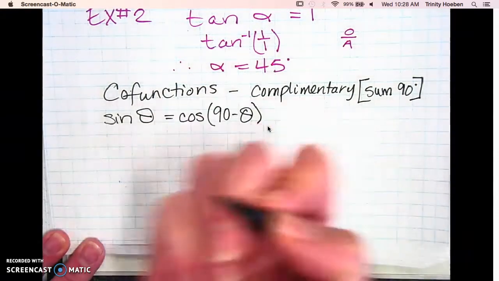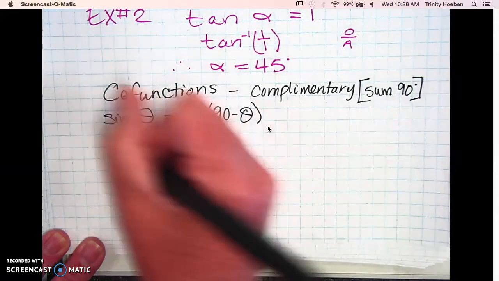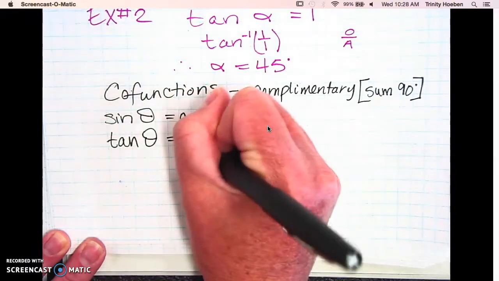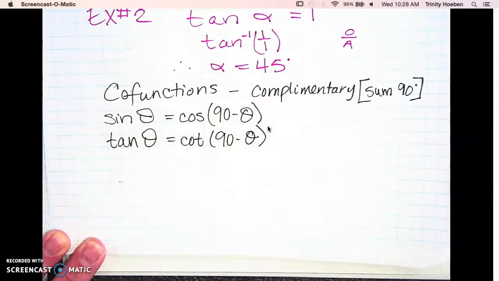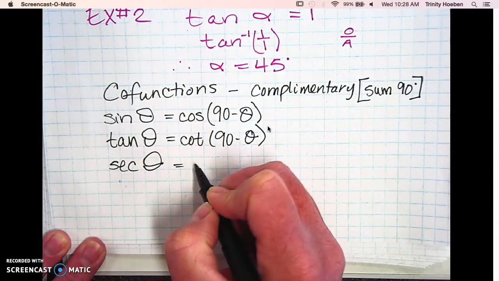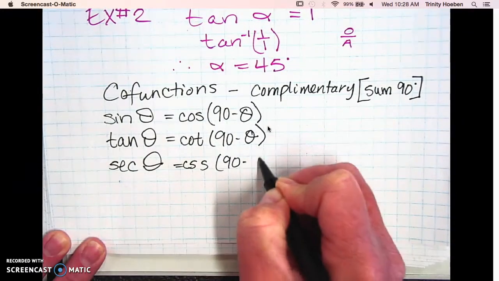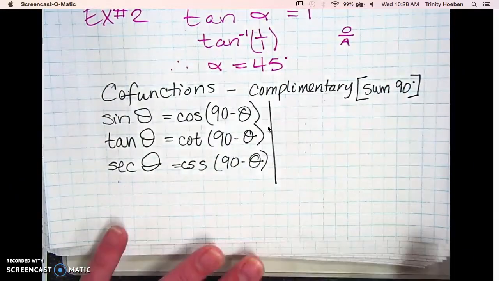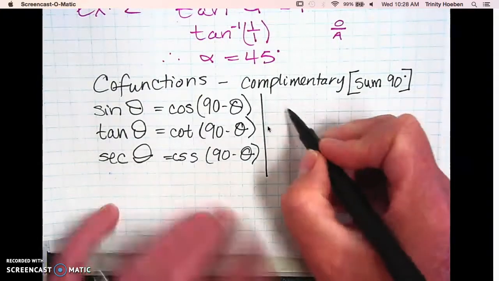It takes longer to write all these down than it will be to even answer these questions. Okay, and then tangent theta is cotangent 90 minus theta. Secant theta is going to be equal to cosecant 90 minus theta. And then they're going to be the opposites of each other too. So if you have this one, you're going to have it backwards as well.